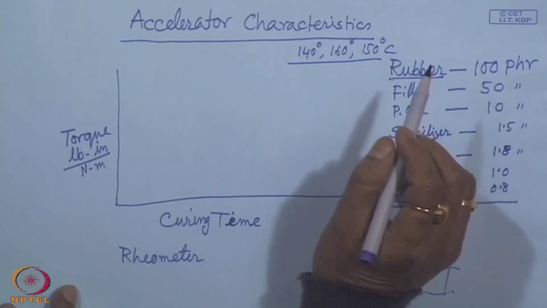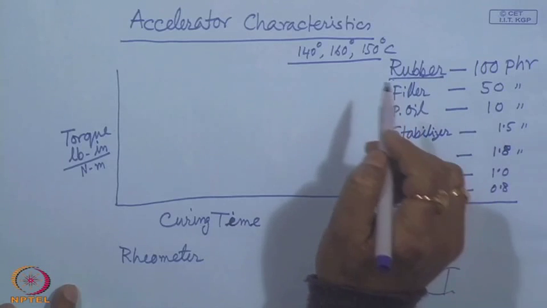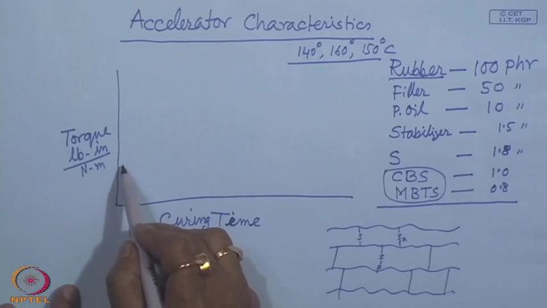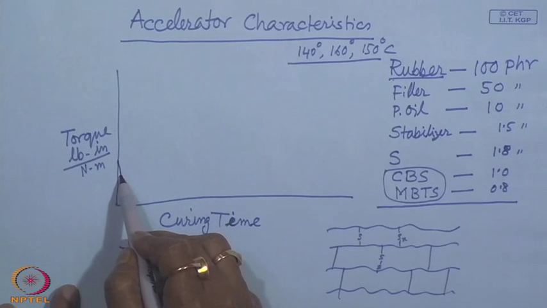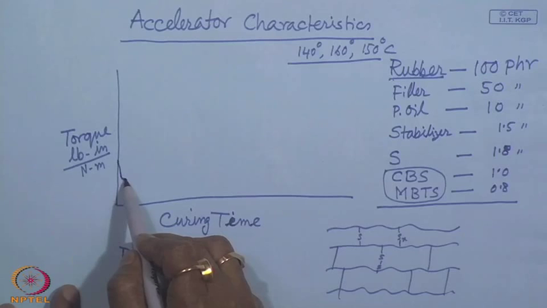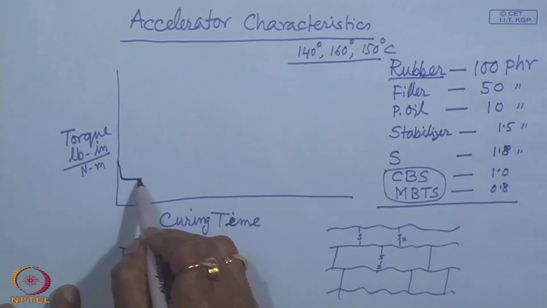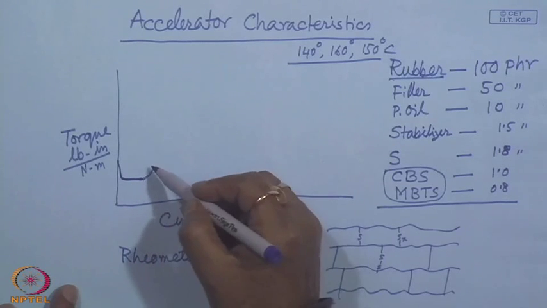This temperature is maintained, and as soon as the rubber is placed, what happens? The rubber compound gets heated, and slowly the viscosity or the torque decreases due to the increase of temperature. Then it becomes parallel to the time axis for some time. Then the torque starts rising.